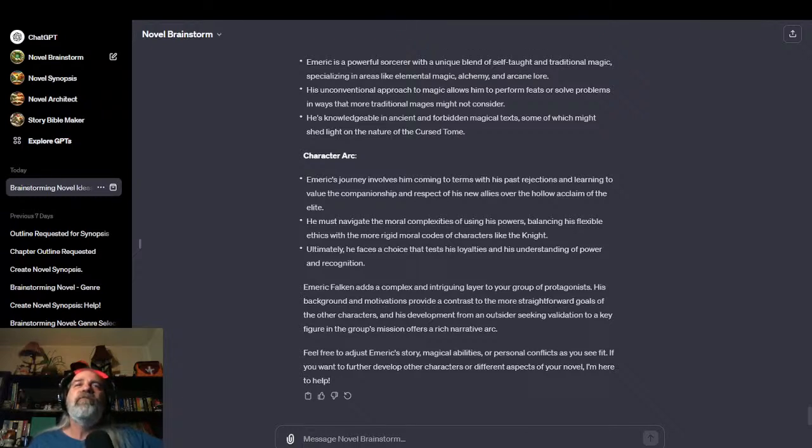Merrick Falcon. I love that name. Adds a complex and intriguing layer to your group of protagonists. His background and motivations provide a contrast to the more straightforward goals of the other characters, and his development from an outsider seeking validation to a key figure in the group's mission offers a rich narrative arc. Okay, that's not too bad.